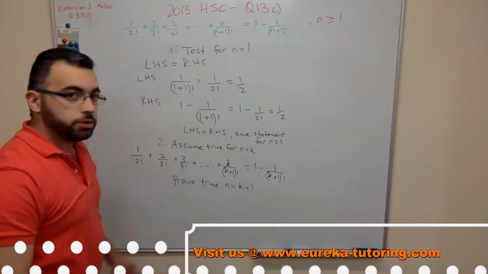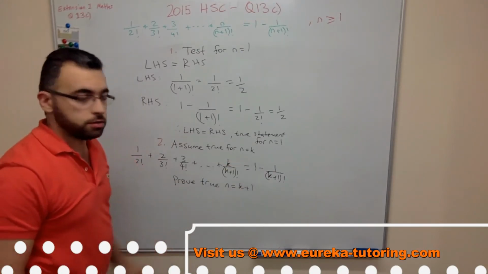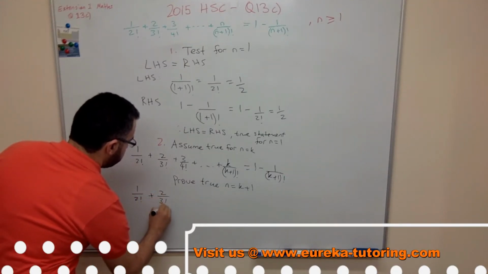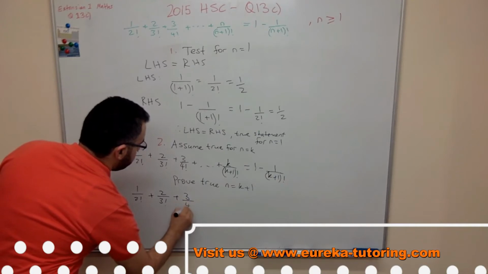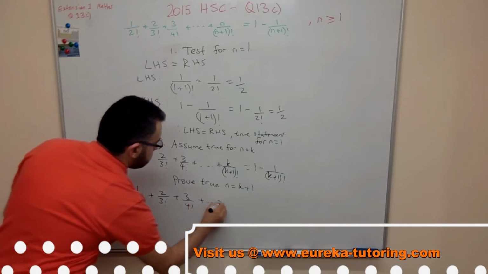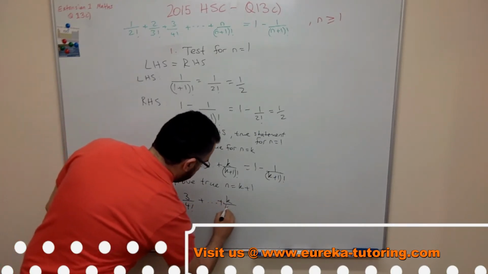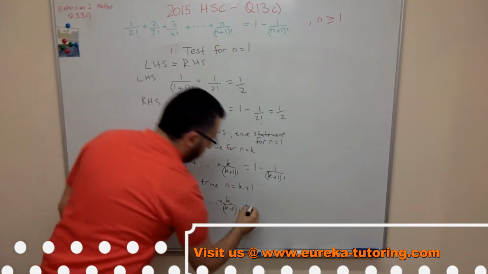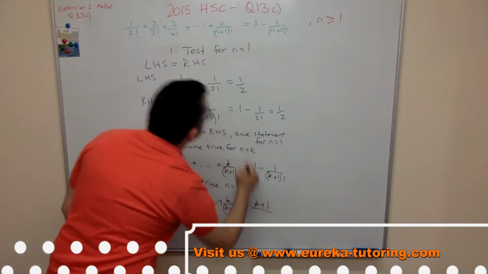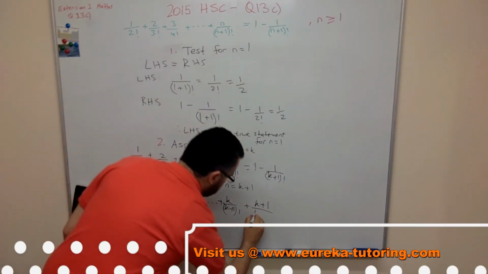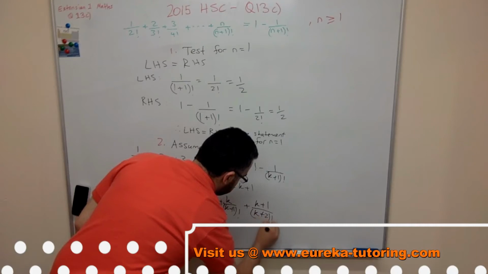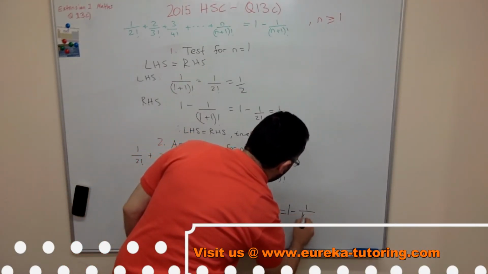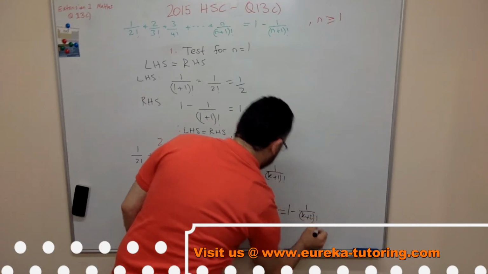So I'm going to rewrite this series again and then add this on to the series. 1 over 2 factorial plus 2 on 3 factorial plus 3 on 4 factorial plus k on (k plus 1) factorial plus (k plus 1) goes into here. So (k plus 1) over (k plus 1 plus 1), which is (k plus 2) factorial, equals 1 minus 1 on (k plus 2) factorial.